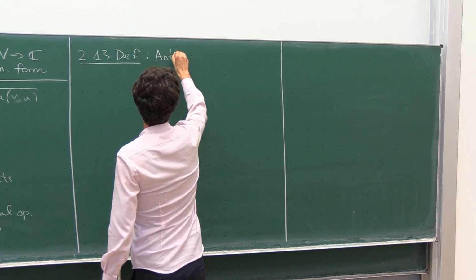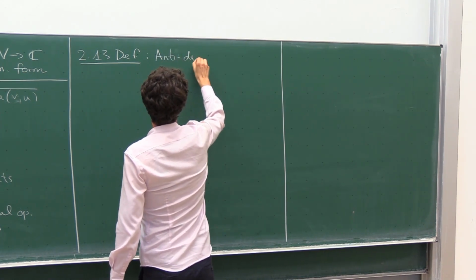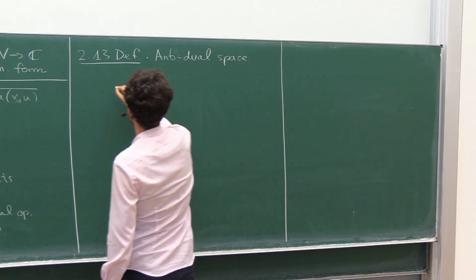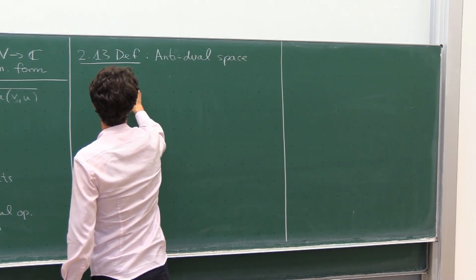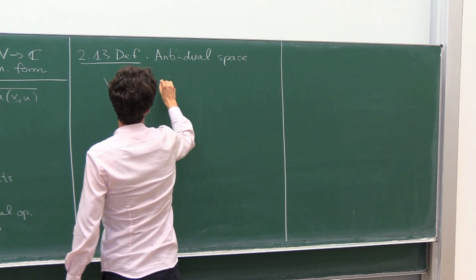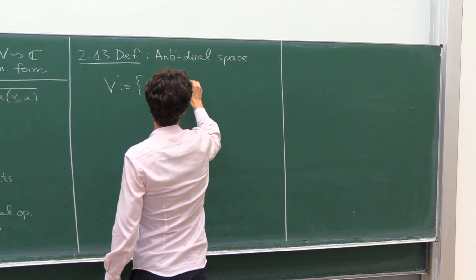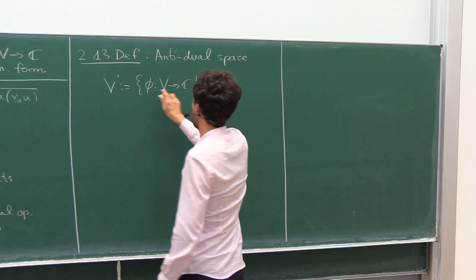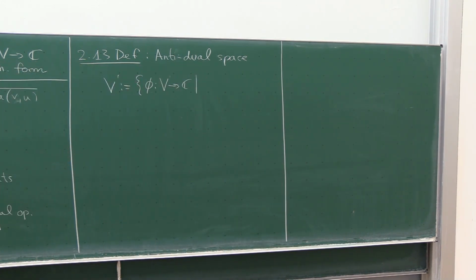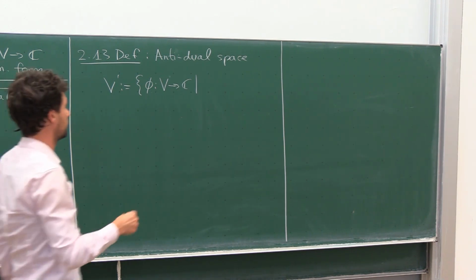So the anti-dual space of V, this is going to be V prime, and V prime is going to be all phi that map V into C. And these functionals you should think of, they should be continuous and they should be antilinear or conjugate linear. Okay?